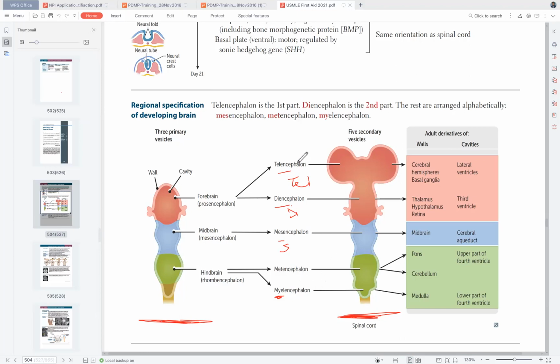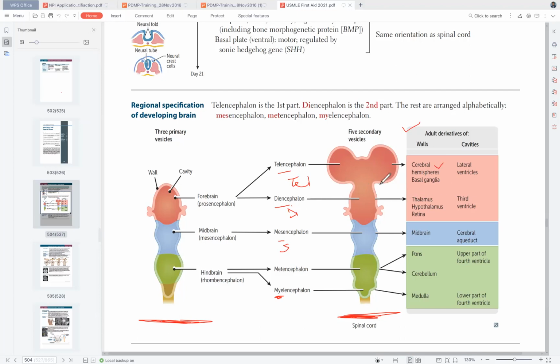And for all this, we also know that they give rise to different parts of the brain, as we can see from this side. The two cerebral hemispheres are from the telencephalon. And the diencephalon gives rise to the thalamus.